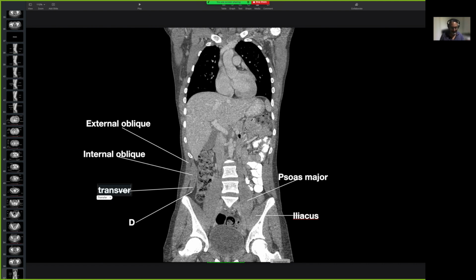Transversus. I should have let you remember, because that would have helped you. D is the innermost layer after the transversus abdominis. No, it's called a fascia, which covers this whole inside.